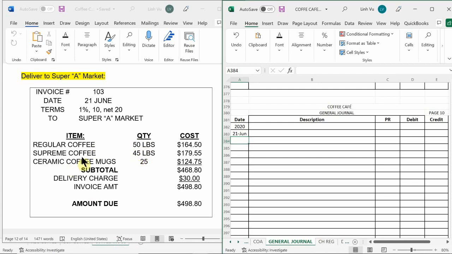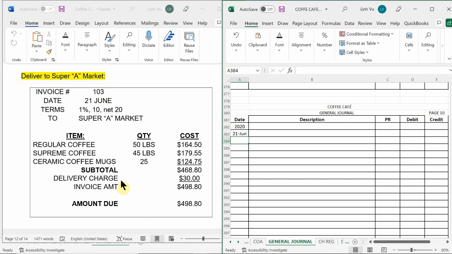Okay, and sales? Supreme coffee. And what else? Ceramic coffee mugs? Yeah. And then what else did we charge? It's going to be the delivery. We charged for delivery. And did we get paid?